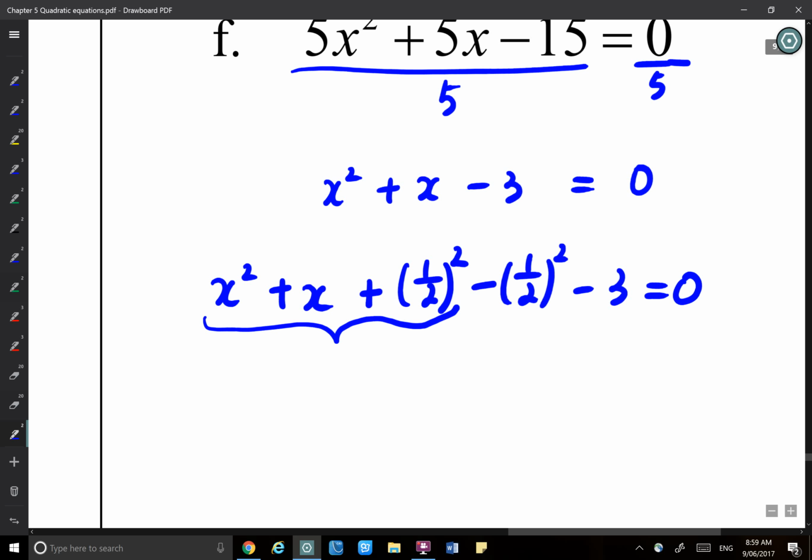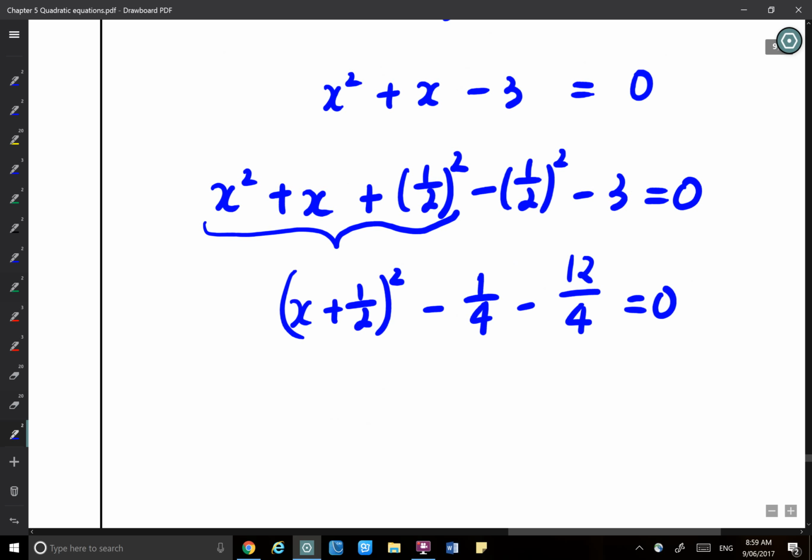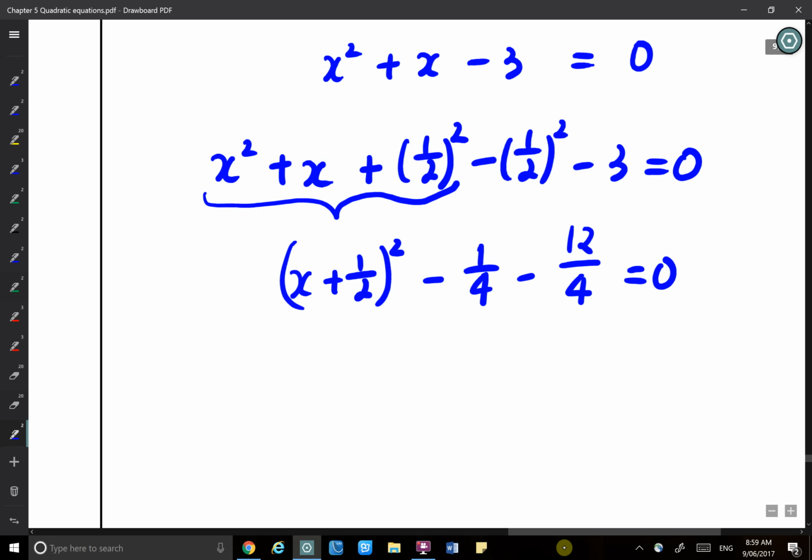First 3 terms: x plus a half squared, minus 1/4, minus 12 over 4 equals 0. So x plus a half squared equals 13 over 4.